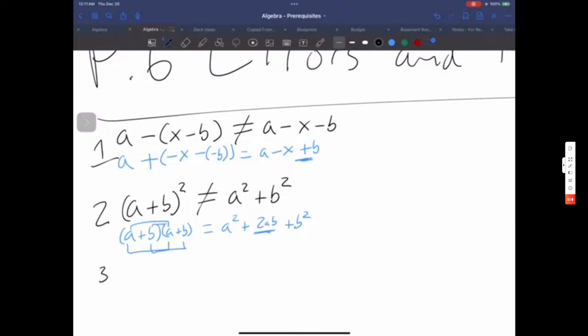So the third one is that 1/2 of a times 1/2 of b is equal to 1/2 times a times b, or just ab over 2, right?